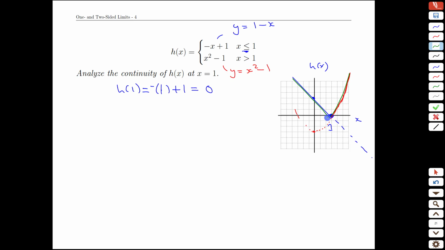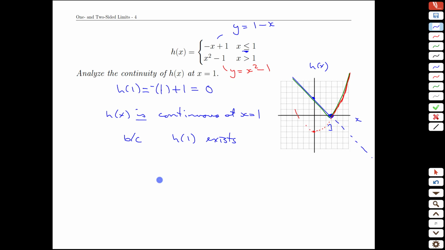And as we determined with the limit and the value existing here, we would say h of x is continuous at x equals 1, both because of the graph, but because of the other work that we did, we had the three conditions that h of 1 exists.